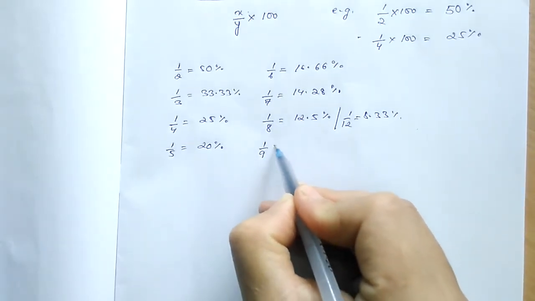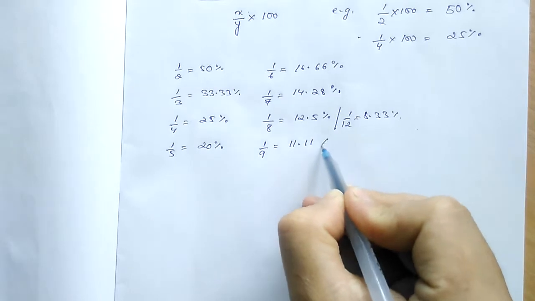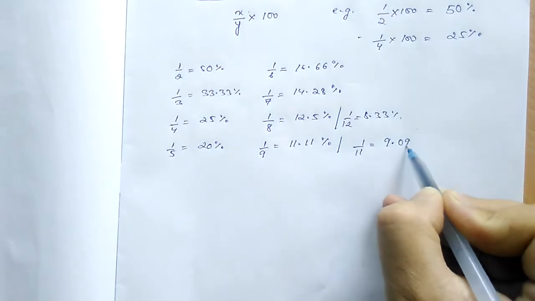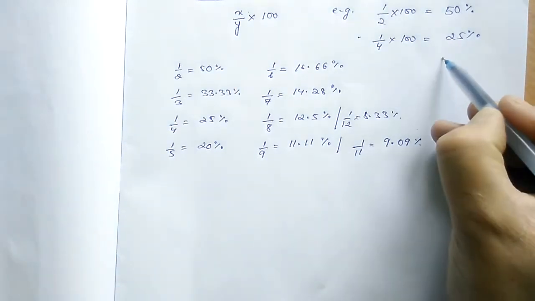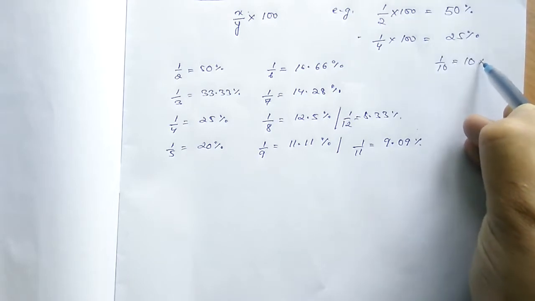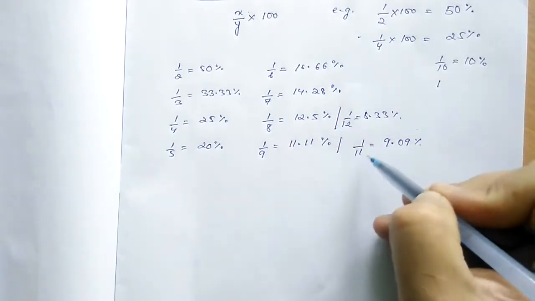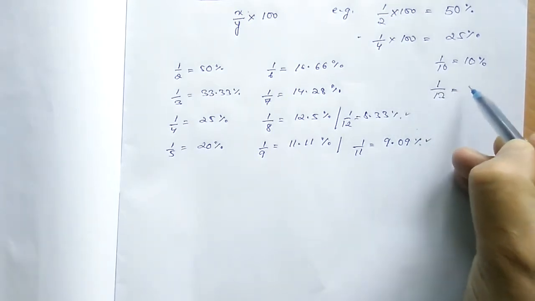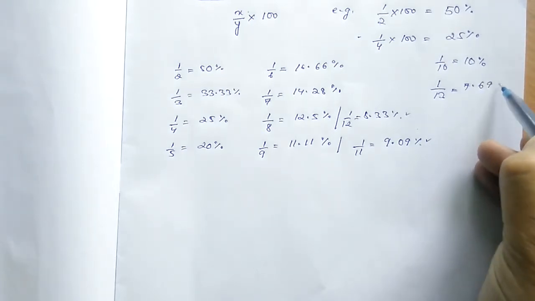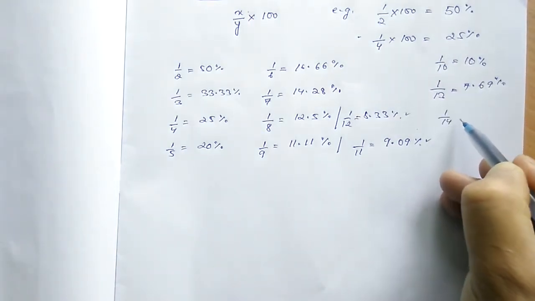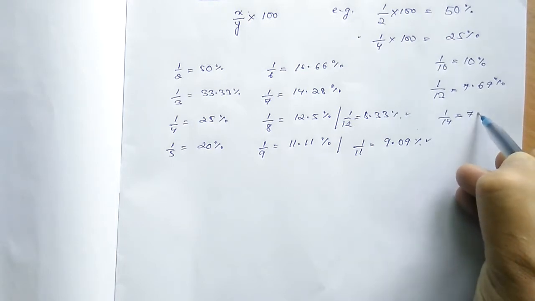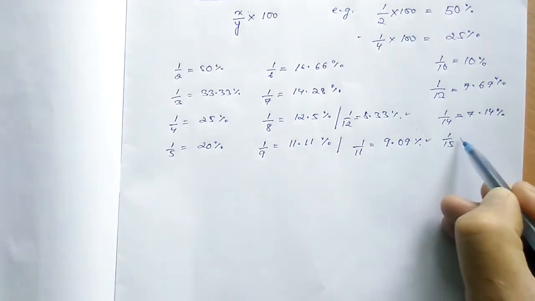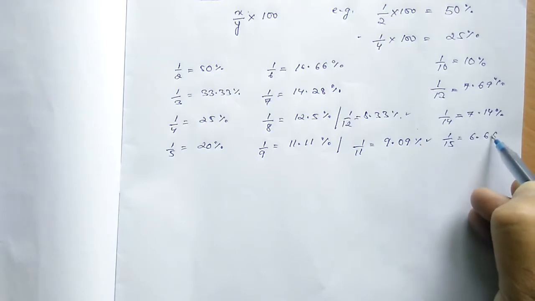1 by 9 is equal to 11.11%, and 1 by 11 is equal to 9.09%. 1 by 10 is equal to 10%. 1 by 11 we have already done here. 1 by 12 we have already completed. 1 by 13 is equal to 7.69%. 1 by 14 is equal to 7.14%, and 1 by 15 is equal to 6.66%.